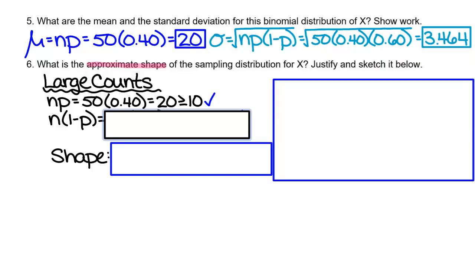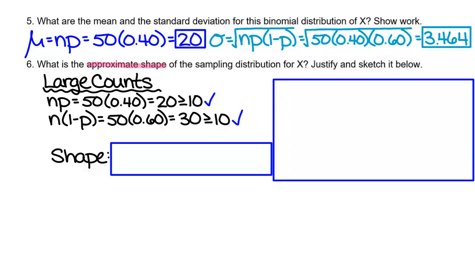We're not doing standard deviation here. If I have 20 expected successes, 20 orange candies, then we're going to expect 30 failures because we have 50 candies total. 1 minus P, so 50 times 0.6.